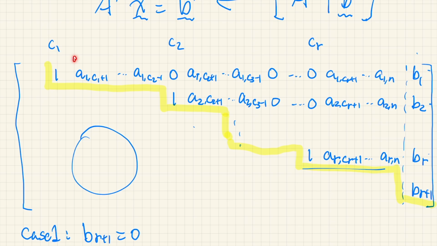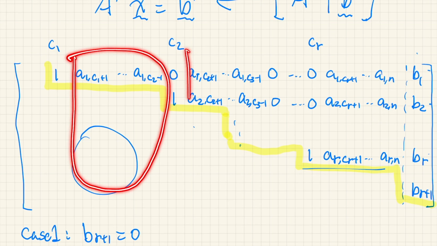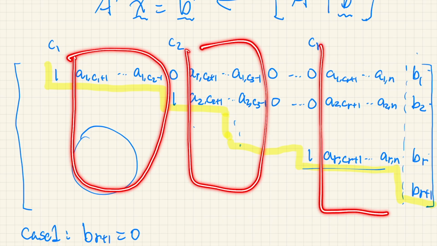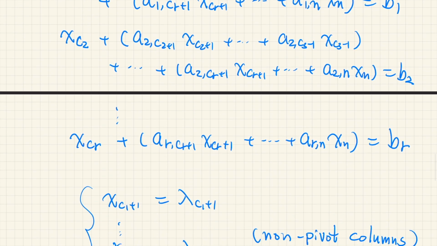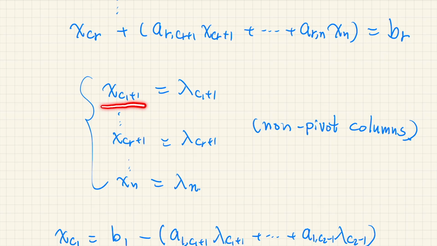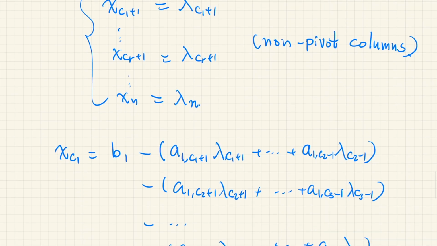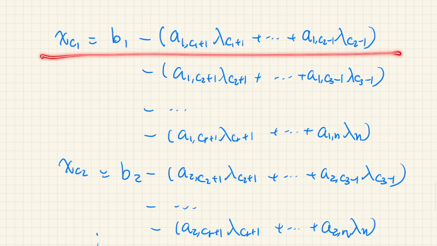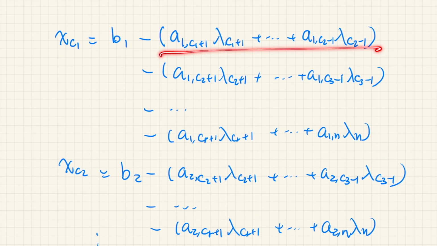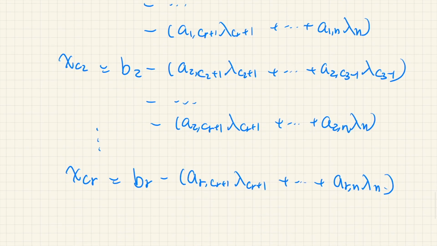So let's set the unknowns corresponding to these non-pivot columns to some constants. Let's say x c1 plus 1 is set to lambda c1 plus 1. So this is an arbitrary constant. And similarly for other variables, we set like this. And using these constants, all the other unknown variables can be expressed like this: b1 minus some constants, and b2 minus some constants, and so on.